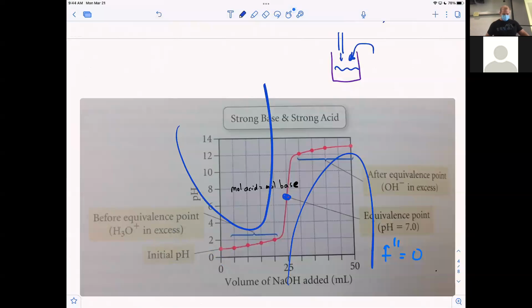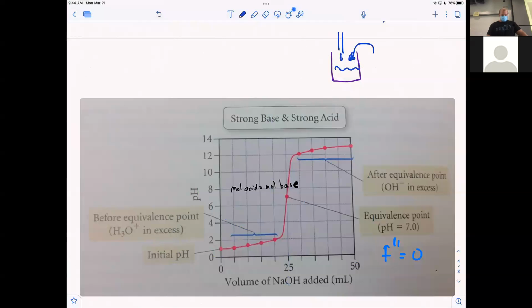So this would be a purely complex function if you tried to describe it using classical algebra. But there is an inflection point, like I said, right here. And this is the equivalency point. The equivalency point is where the moles of acid equals the moles of base. And for a strong acid and strong base, it's exactly at 7.